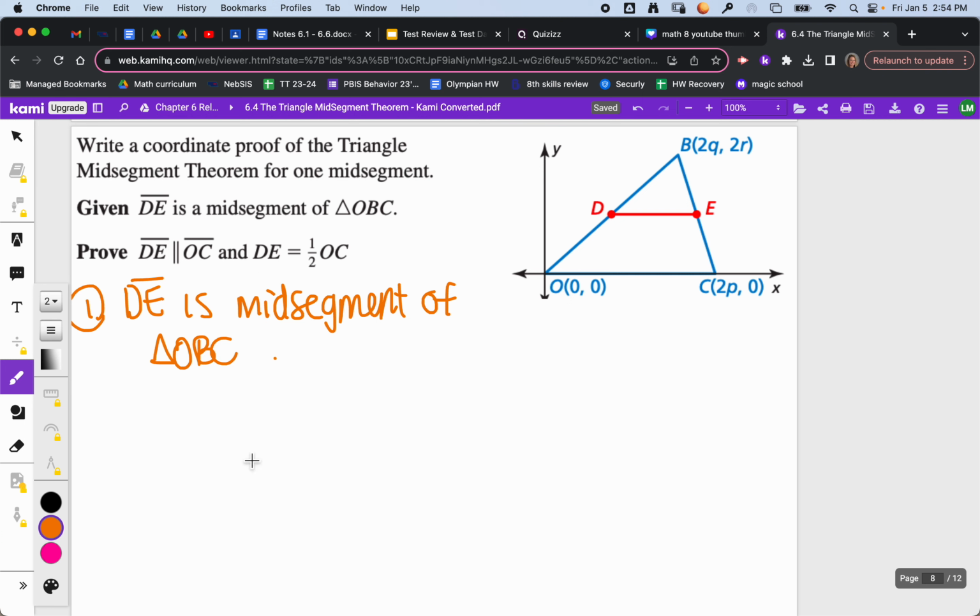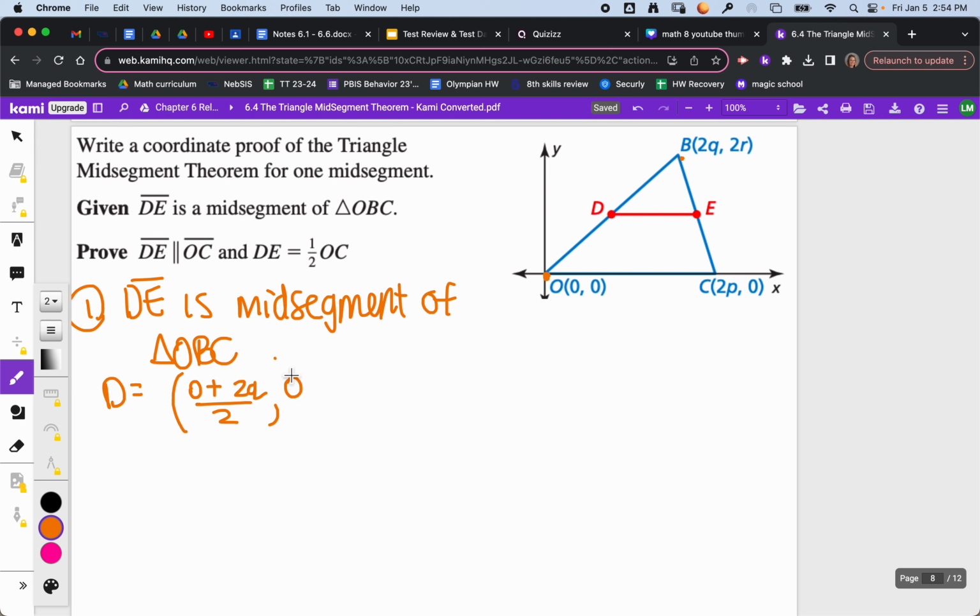Next up, we can maybe say that D is equal to the midpoint, which would be 0 plus 2Q divided by 2. So I'm taking the midpoint from O to B, okay?